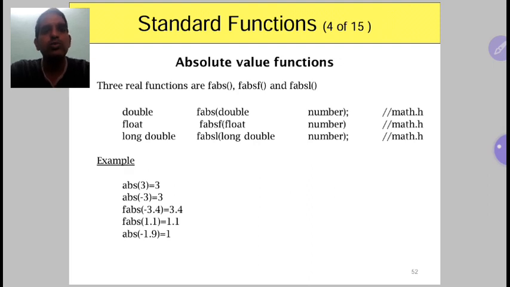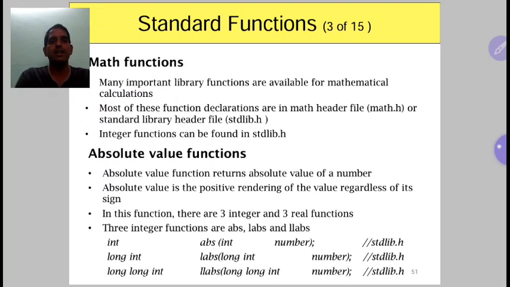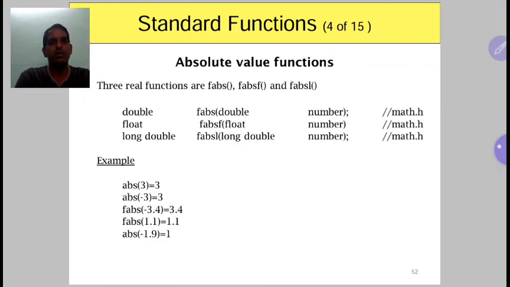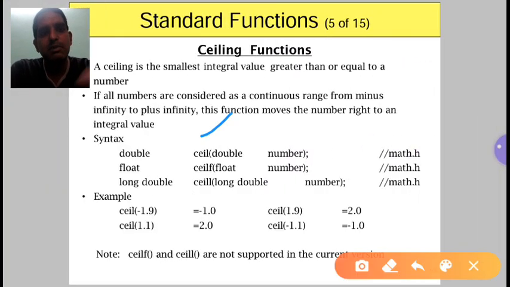Whenever you want to use this absolute function in your program, just include the stdlib.h header file and use the function call anywhere in your main program. That is about absolute values. In a similar manner, you can have the ceiling function. The ceiling function can be written as ceil, and inside that you can have double, float, anything.